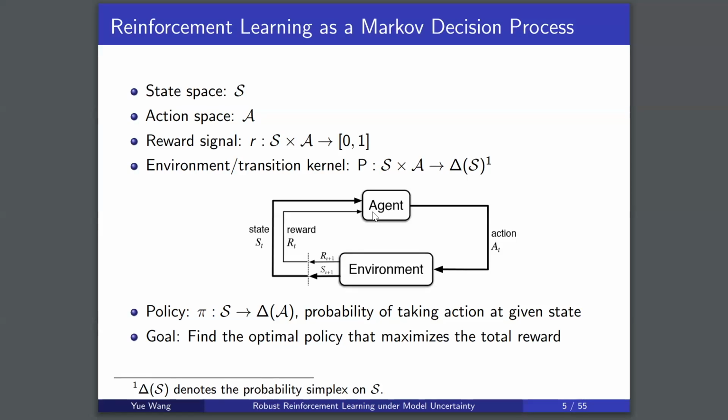In the robust case, the transition kernel is not unique, so the environment can take an arbitrary transition kernel to the next state. So what is a transition kernel? It's a distribution over the states. It's some distribution over the state space, and it measures the probability of the environment transiting to the next state.